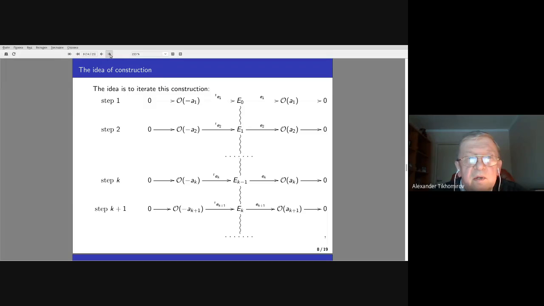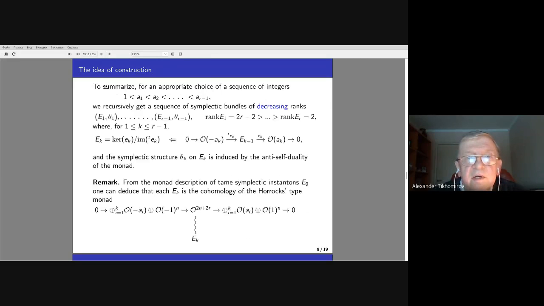So to summarize, for an appropriate choice of an ascending sequence of these integers A1, A2, etc., we recursively get a sequence of symplectic bundles of decreasing ranks, together with their symplectic structures coming from the anti-self-duality of the monads.